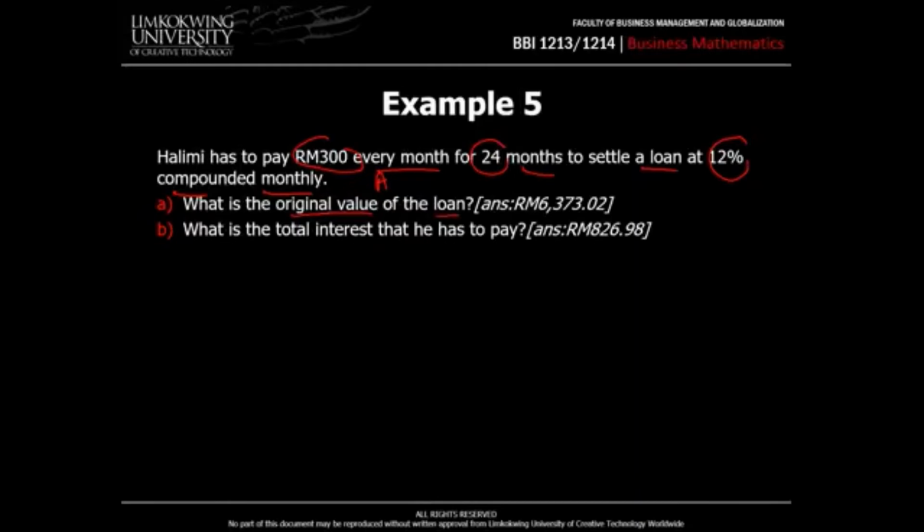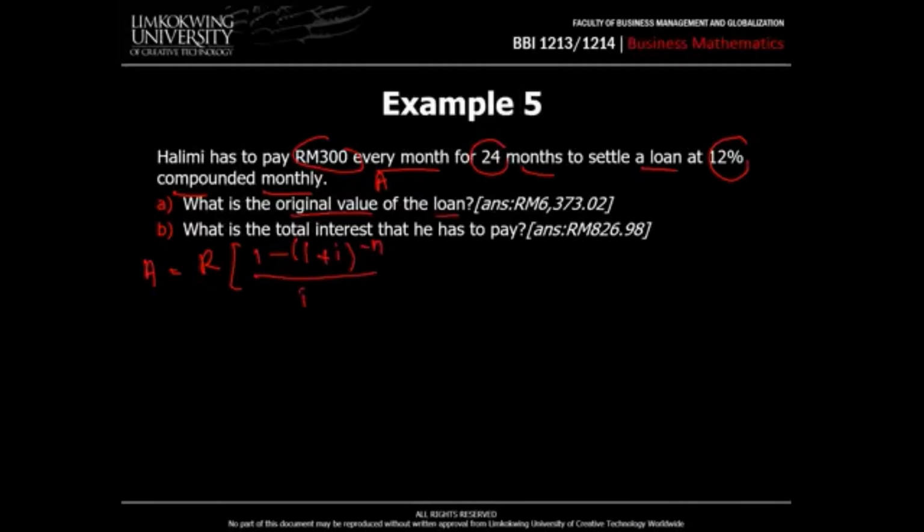So this question wants to find A. Based on the formula given, A equals R times 1 minus 1 plus i to the negative n, divided by i.